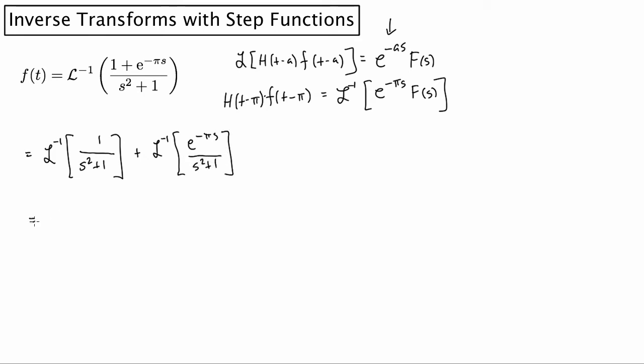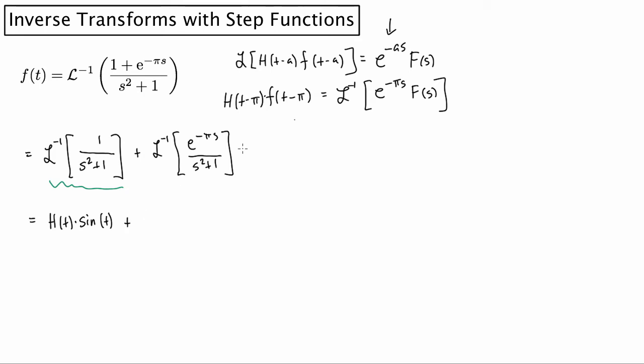Now, a week ago in class, we would have said that this first part right here was just sine of t and been on our way. But now we're a little bit smarter. We know that the inverse transform of this begins at 0. Nothing that happened before 0 mattered. And so officially its inverse transform is the Heaviside function times sine of t.